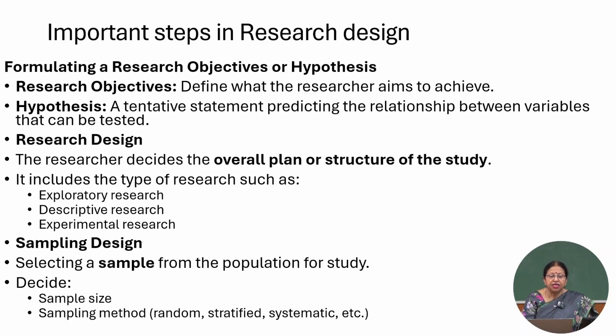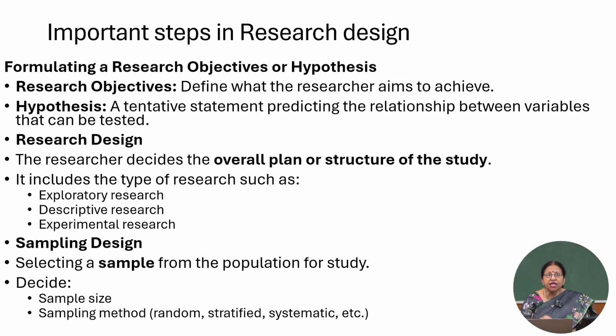Sampling design. Selecting a sample from the population for study. So, one has to decide what will be the sample size, and secondly, one has to even decide what would be the sampling method, whether it is random, whether it is stratified, whether it is systematic, or any other method.